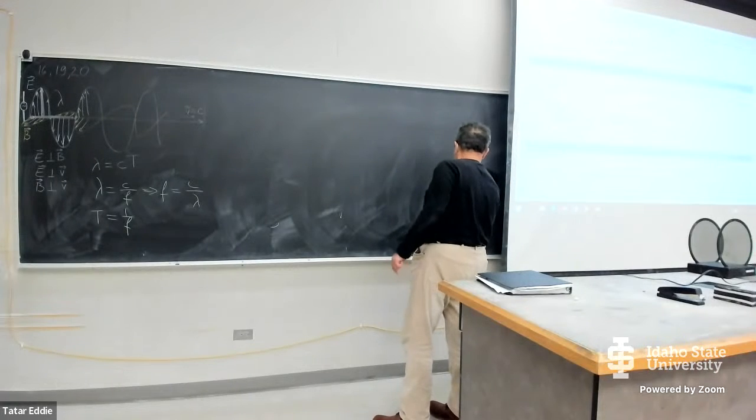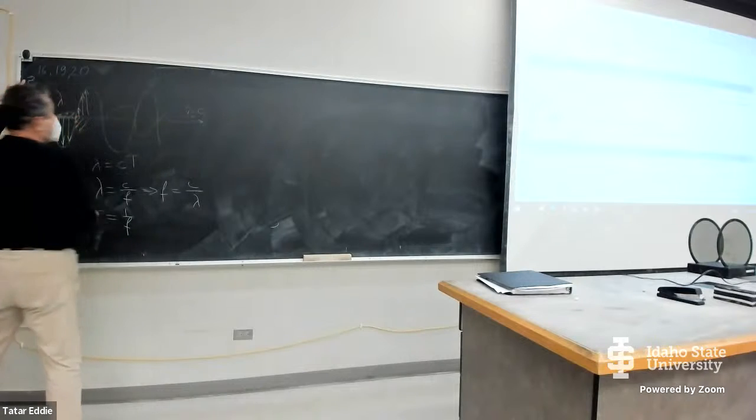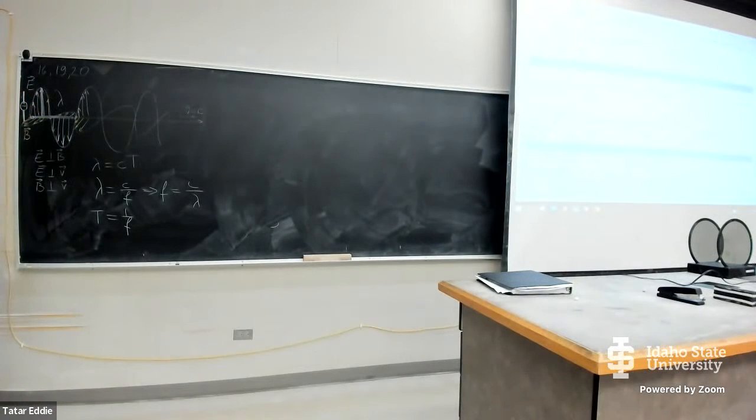So look, the electromagnetic wave that is shown on the board has a direction or directions in space that are preferred. For example, the electric field oscillates in vertical direction, back and forth in vertical direction. So this is a preferred direction in space.